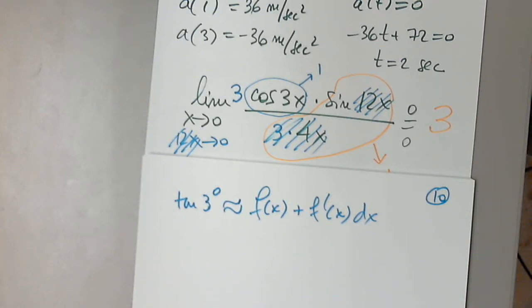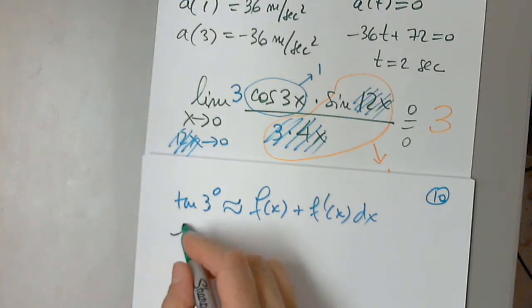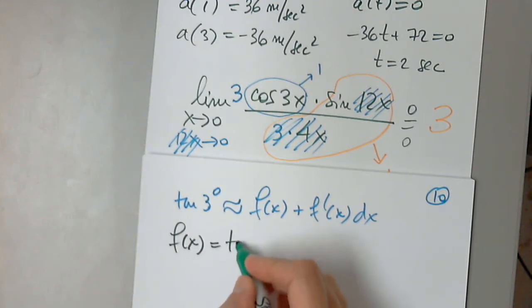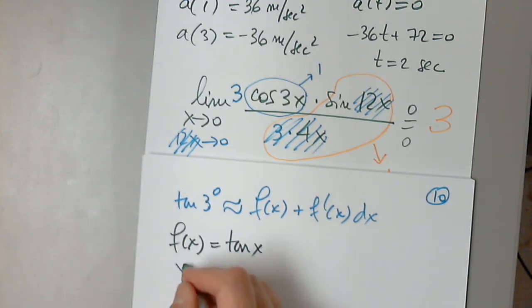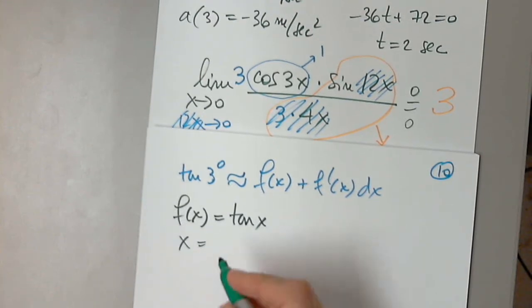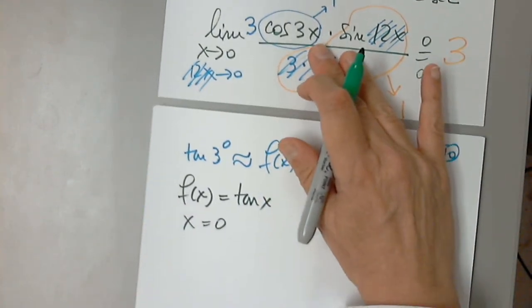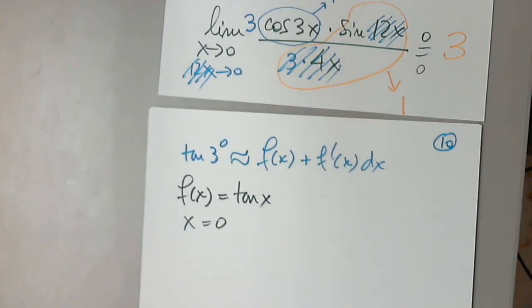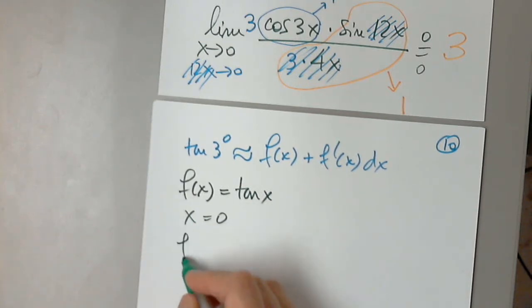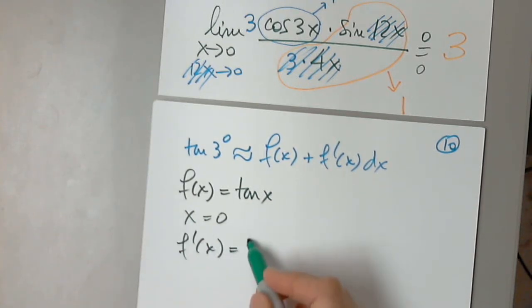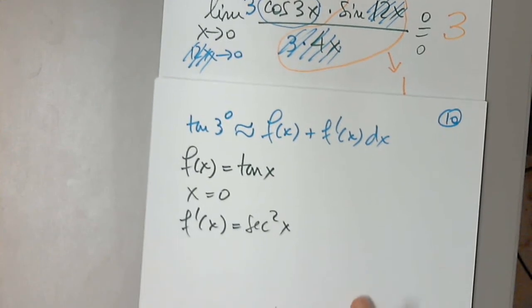And then everything is done. So, f of x, please. Tan x. Exactly, that's all I know. That's the closest I can get to 3 degrees. Very good. F prime of x. Very good. Dx.